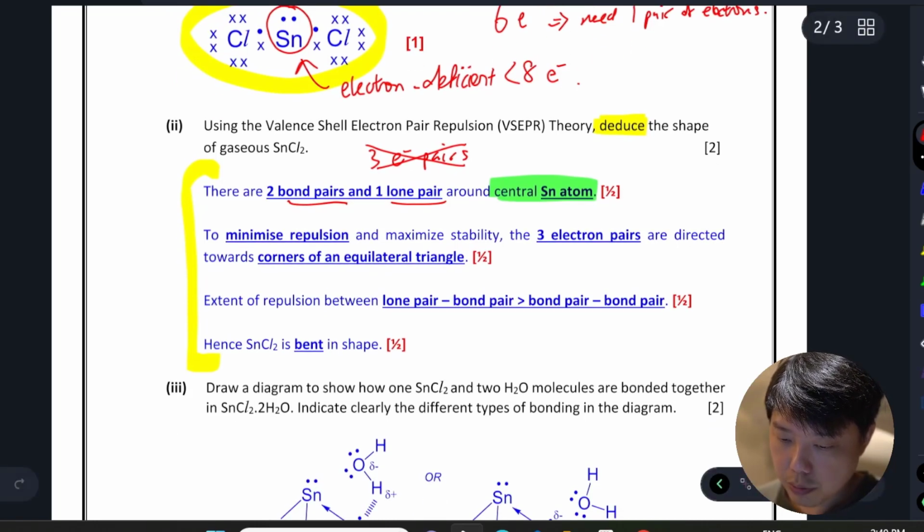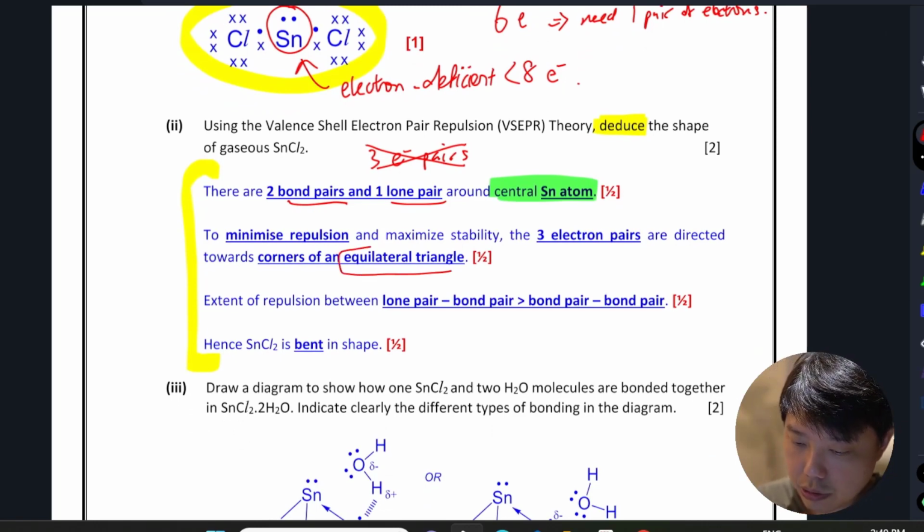To minimize repulsion, the 3 electron pairs are directed to the corners of an equilateral triangle. For the rest of the electron pairs: if you have 2 electron pairs, you say opposite ends.